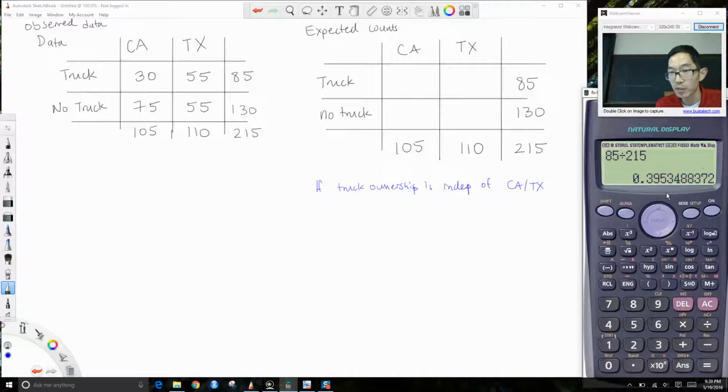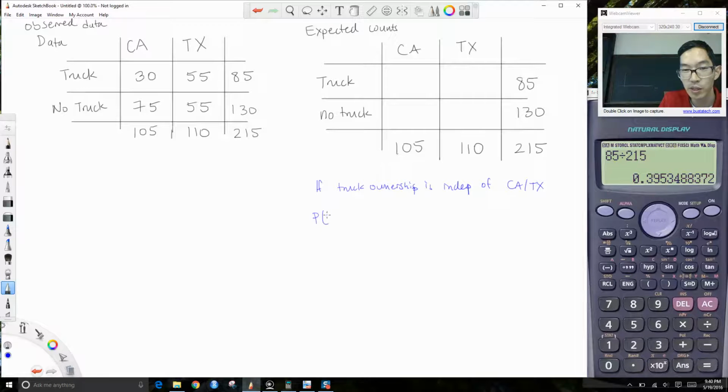What is this number? This is 0.3953. So a little less than 40% of people overall own trucks. So truck ownership overall would be 85 over 215.